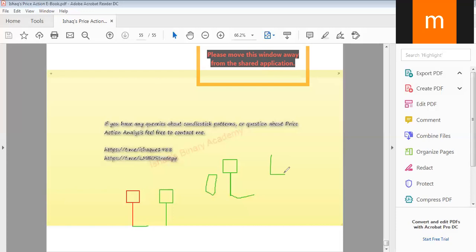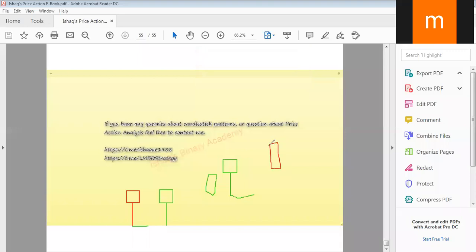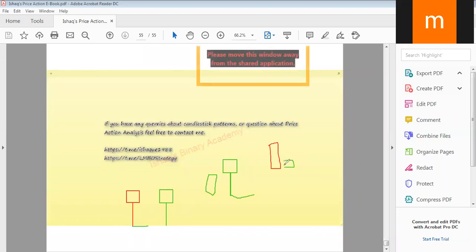But if you find a bearish candle and after it you find this hammer, it's 100% confirmed that this is a support level. So now there are two support levels. If both candles are the same color, there is only one support level. If there is a color change, then there are two support levels.